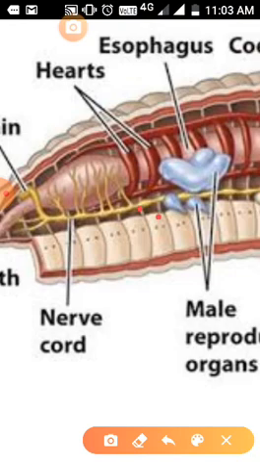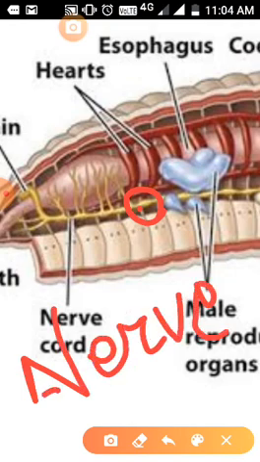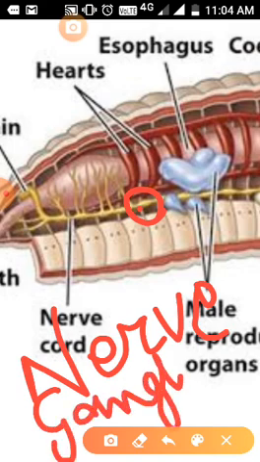It's not necessary. When the word was used, it is not especially for this particular phyla, it can be for any phyla. So it's about the swelling, you call that nerve ganglion. So what is a ganglion?